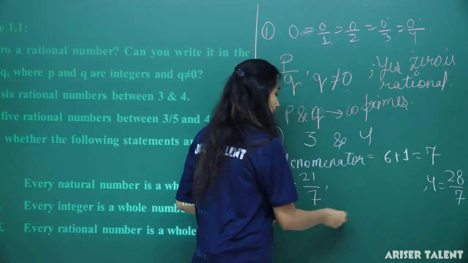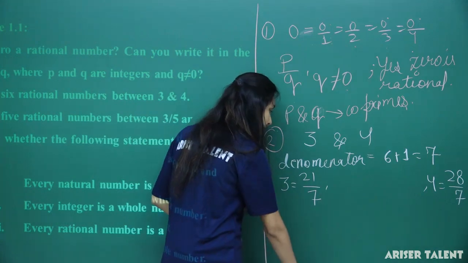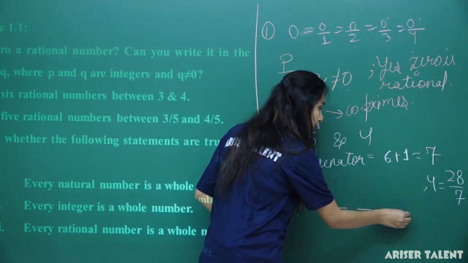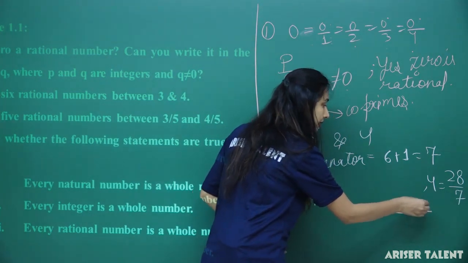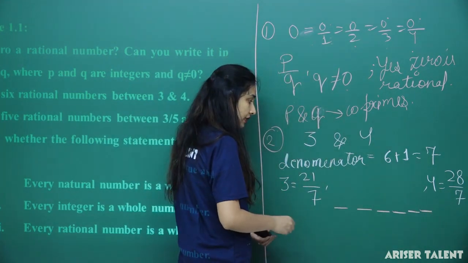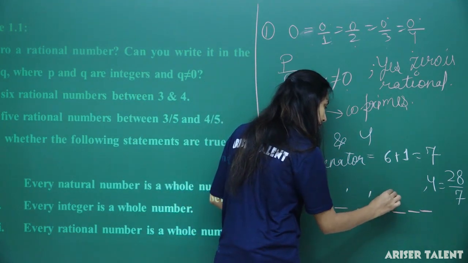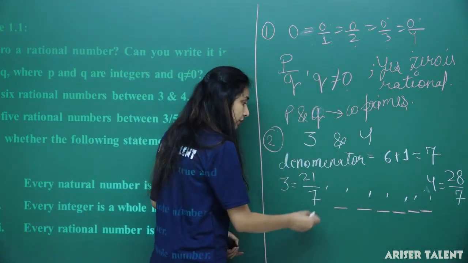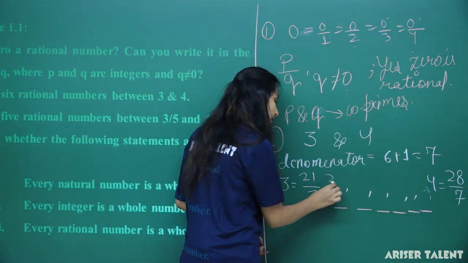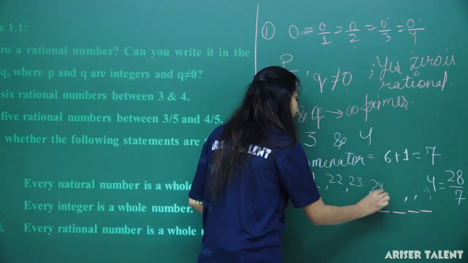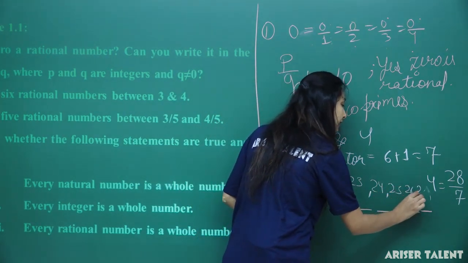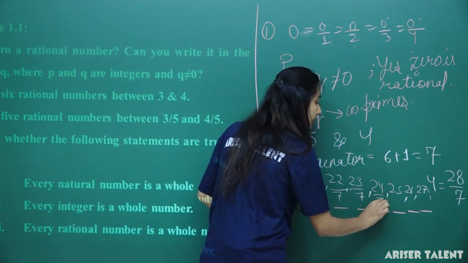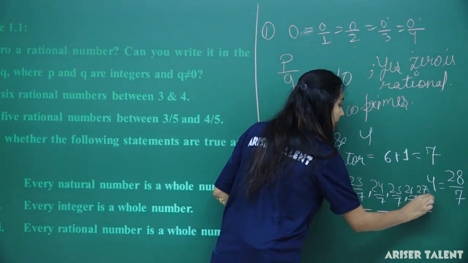Now we have to insert how many numbers? 1, 2, 3, 4, 5, 6. Six numbers we have to insert between them. So after 21, 22 come, 23, 24, 25, 26 and then 27, each over 7.